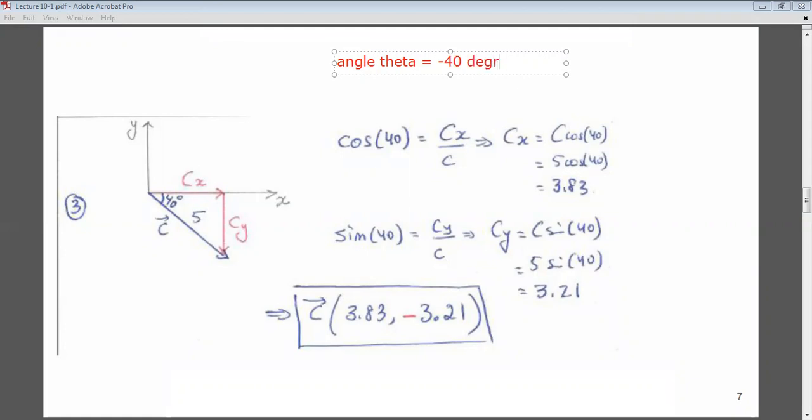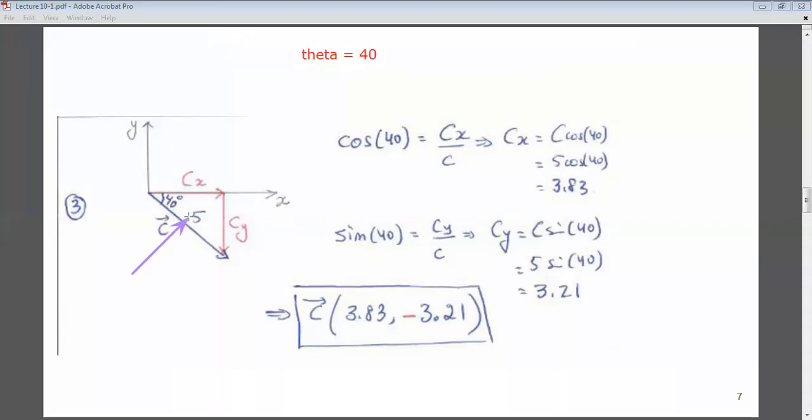Okay, minus 40 degrees. You can actually say it is 40. That's not a problem. But then we have to pay attention. So let's say theta equal 40. Then we just have to pay attention to plus and minus. So this is vector C.